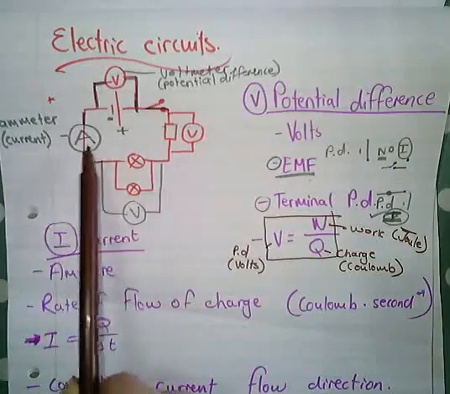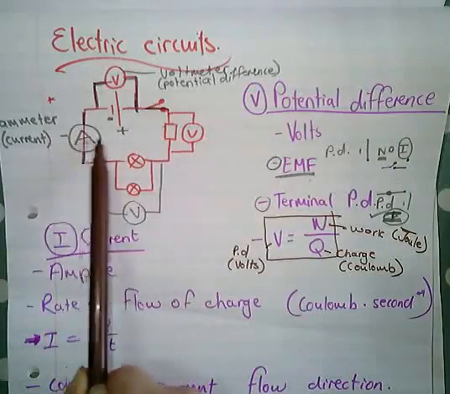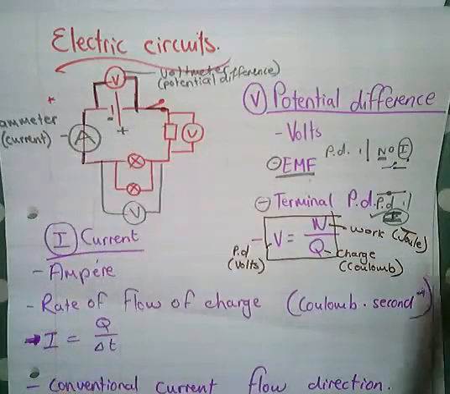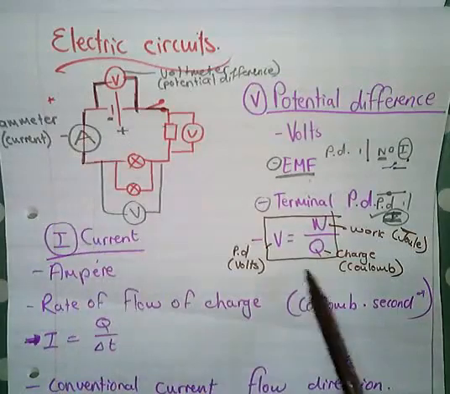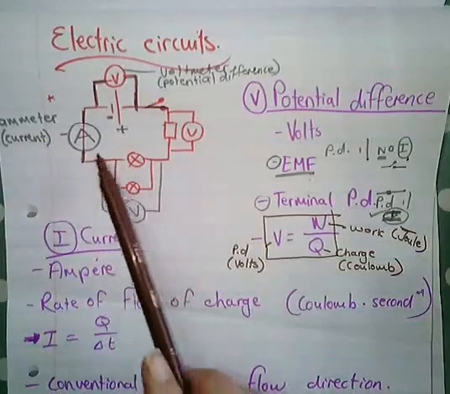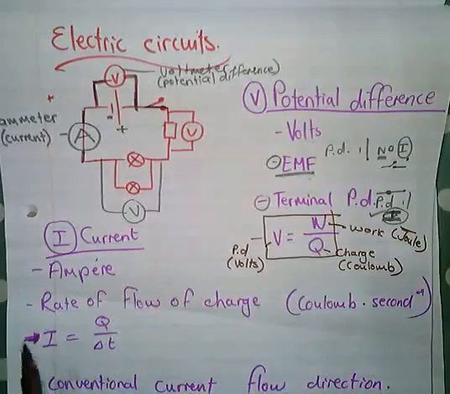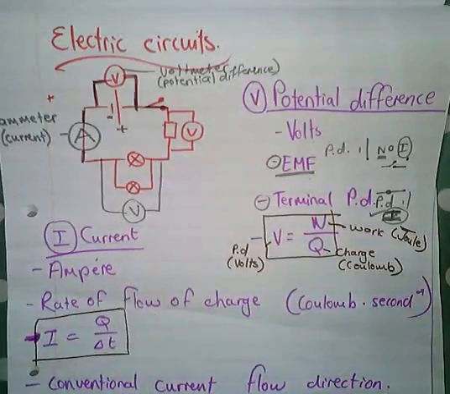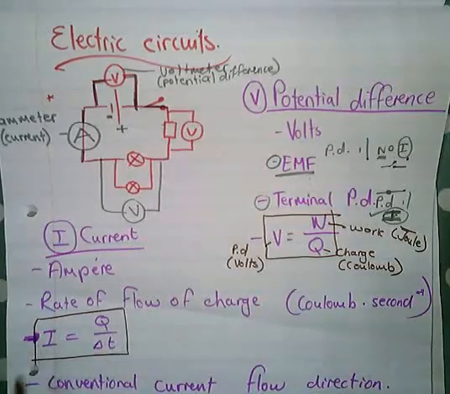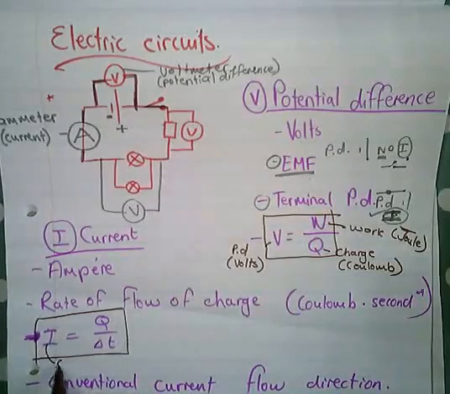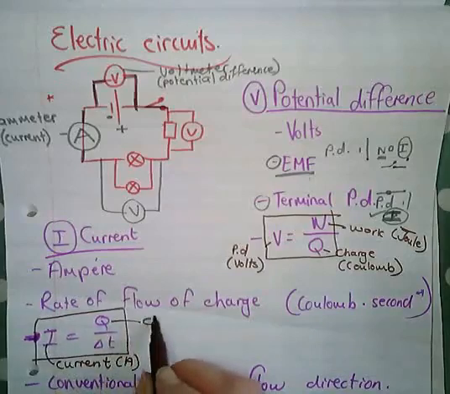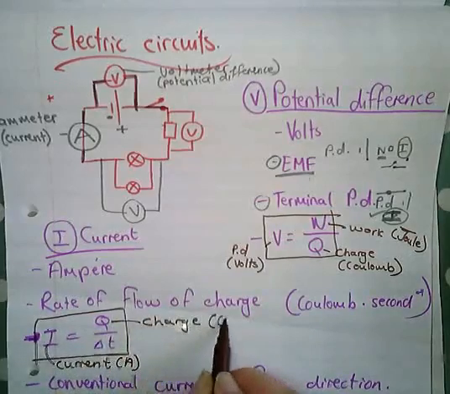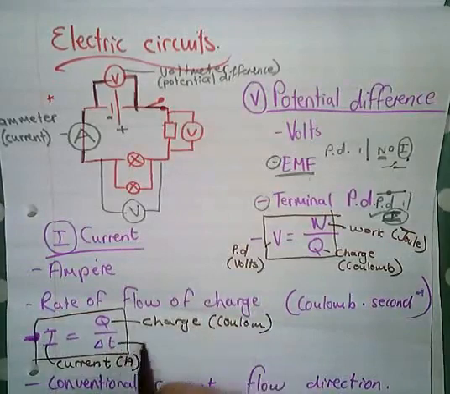Okay, so we measure current in amperes, and the formula we use to calculate current is I equals Q over t, where I is the current, measured in amperes, Q is the charge, measured in coulombs, and t is the time, measured in seconds.